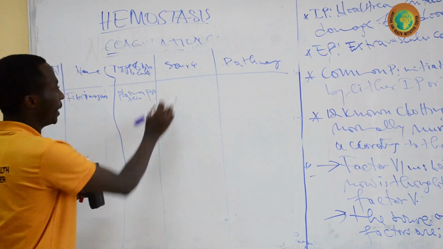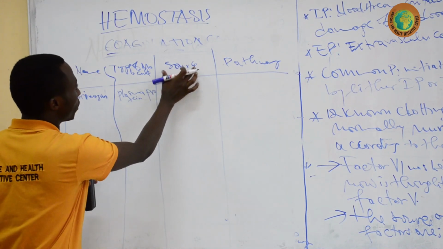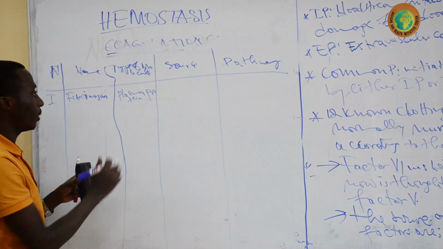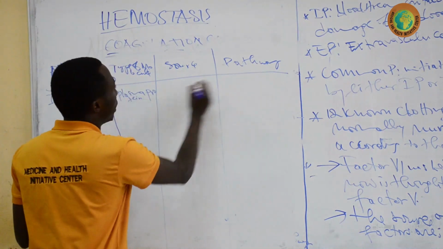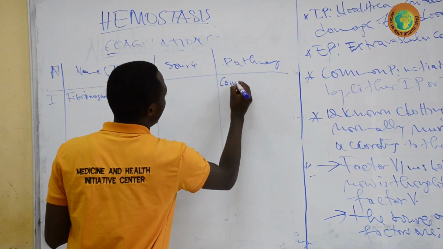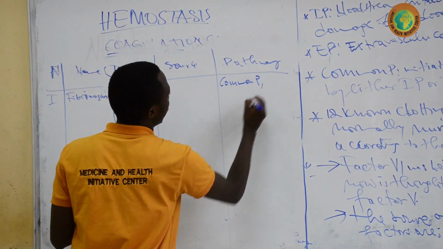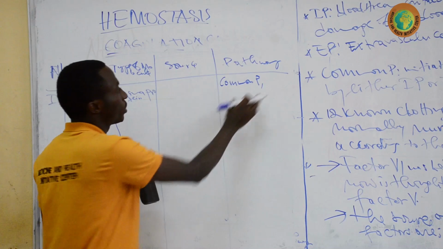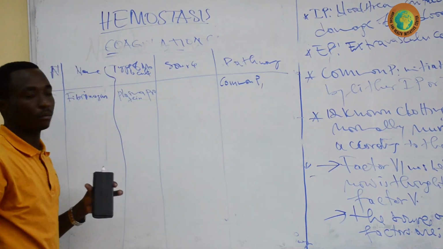I want to talk on the source of those factors afterwards. The pathway is the common pathway, where it is converted into fibrin.